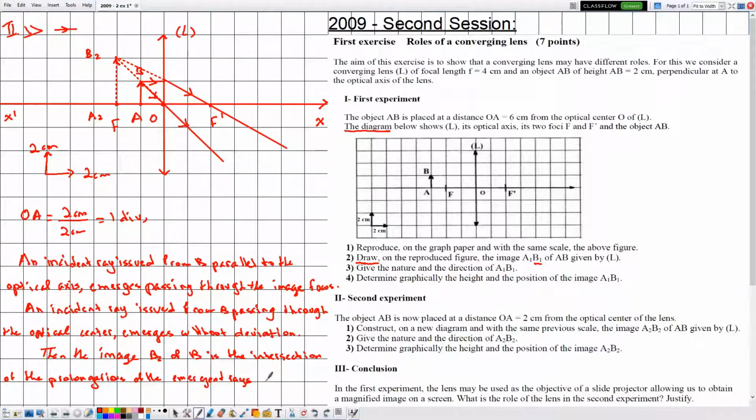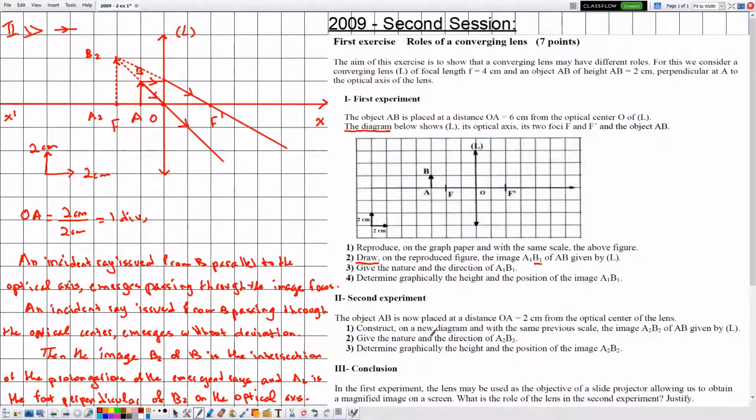So A2 is the foot perpendicular of B2 on the optical axis. So this is it for number 1.